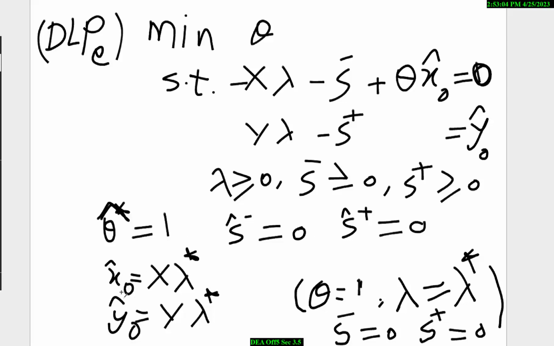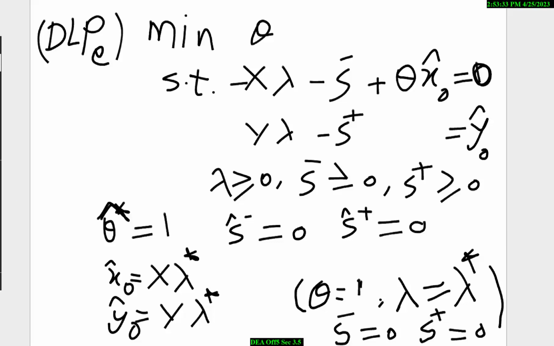Noting the definition of x hat O and y hat O as before, if you put these values in this model, you can see that putting theta equal to 1, lambda equal to this lambda star, and the slacks 0 is a feasible solution for this model.